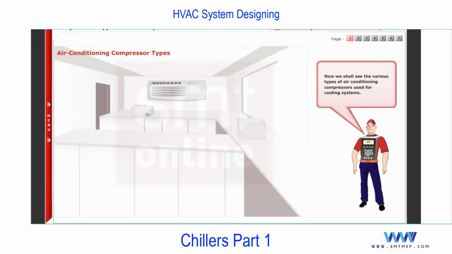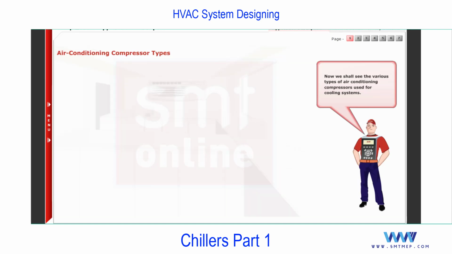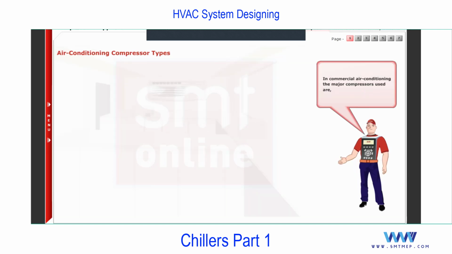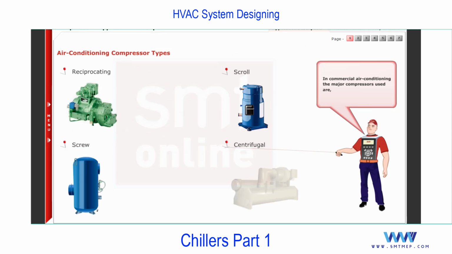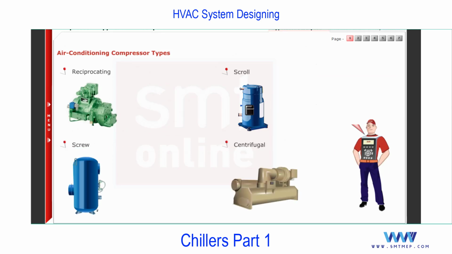The various types of air conditioning compressors used for cooling systems. In commercial air conditioning, the major compressors used are reciprocating, scroll, screw, and centrifugal.